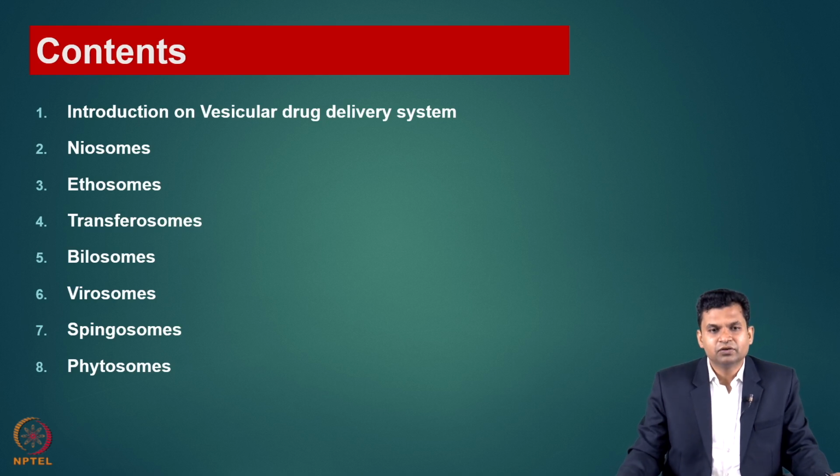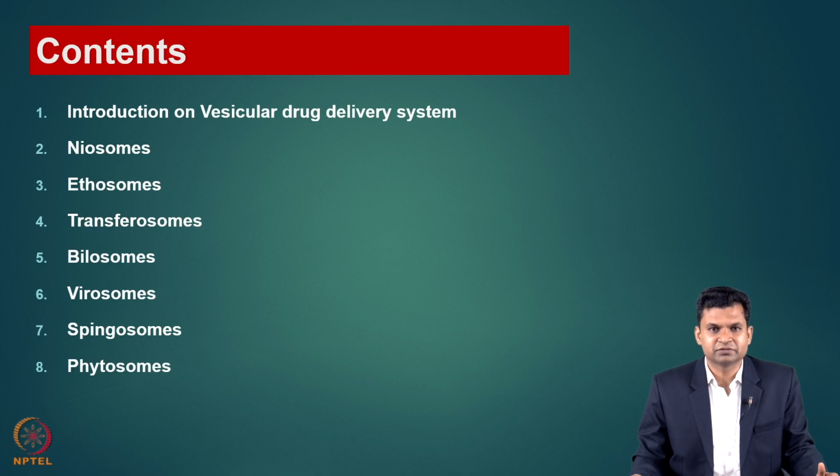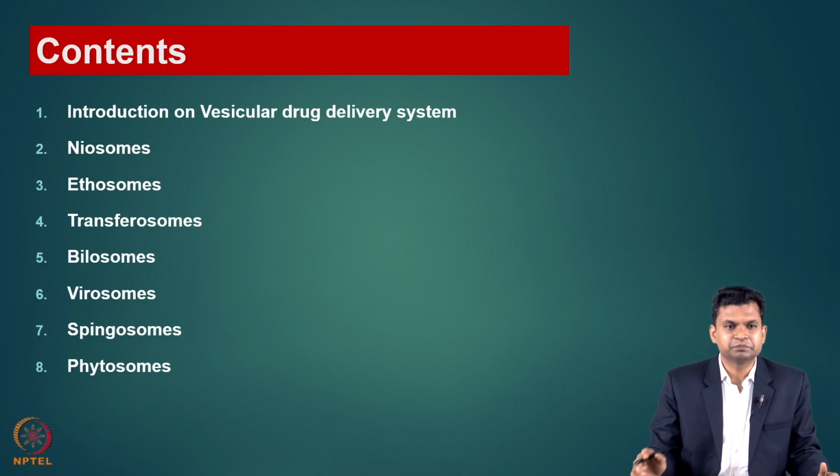In our previous lecture, we discussed various types of vesicular drug delivery systems. In that, we learned what vesicular drug delivery systems are, and we saw the importance of vesicular drug delivery systems in the formulation sector.